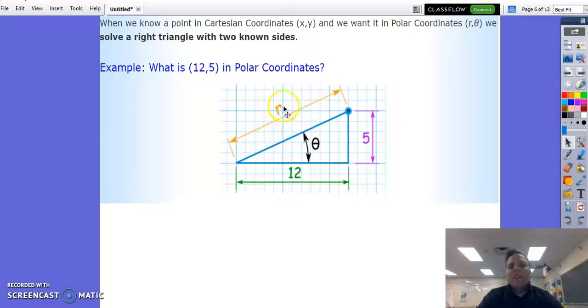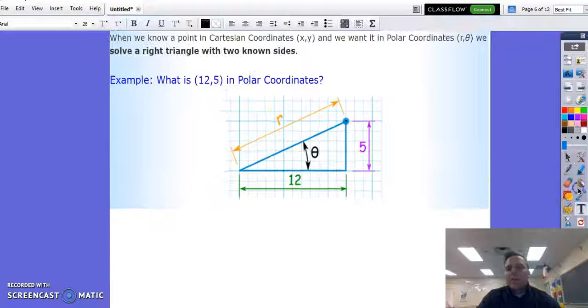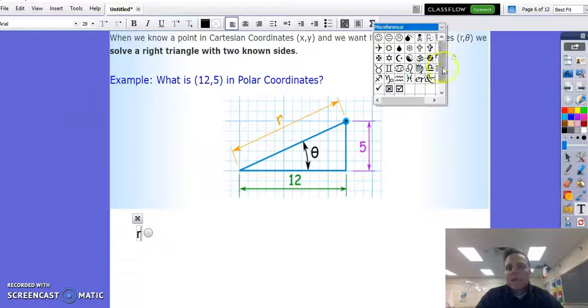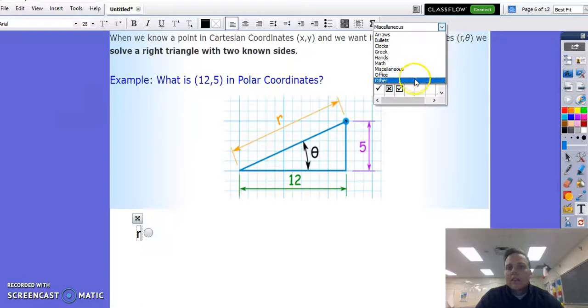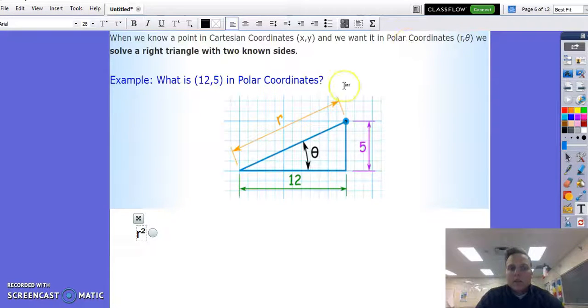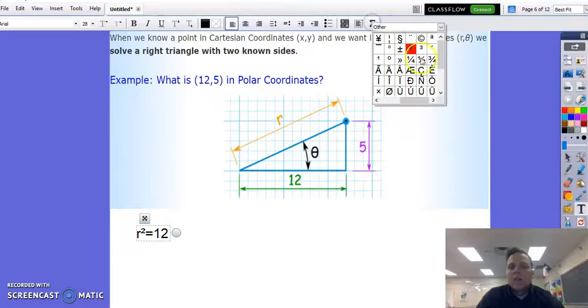You should be able to look at them and say, oh yeah, r is the hypotenuse. I can find the hypotenuse by saying r squared, because I'm trying to find the square, is equal to x squared plus y squared, which in this case would be 12 squared plus 5 squared.